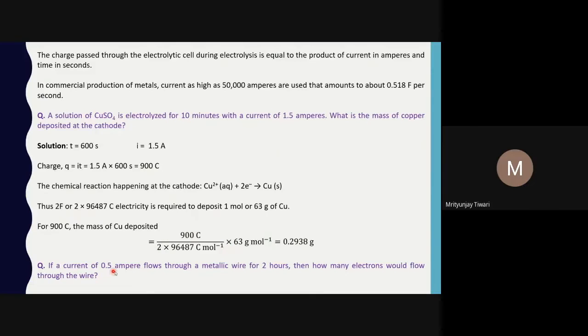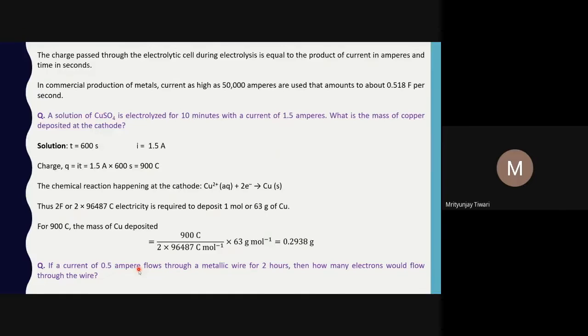Now, if a current of 0.5 ampere flows through a metallic wire for 2 hours, how many electrons would flow through the wire? This is the question we have to solve. Note that the current is 0.5 ampere, passed for 2 hours through the metallic wire.